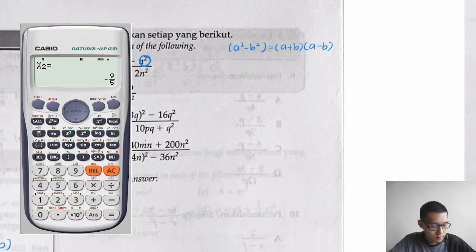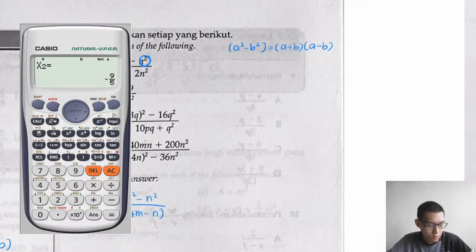So a, we have 4m square minus n square, and below we have factor of 2, another factor of n. We have 4m minus n, right? Okay, so we simplify it, we get 4m plus n, 4m minus n.